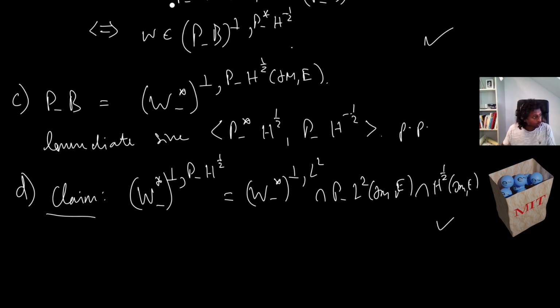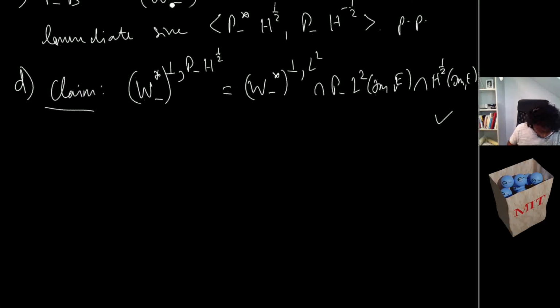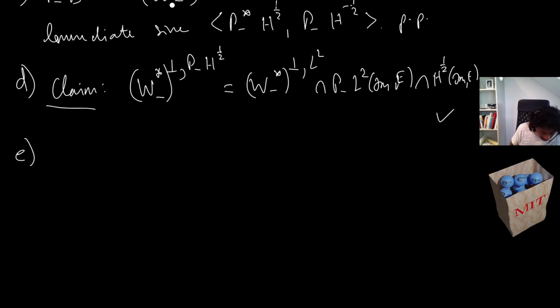I mean, that's also immediate, right? There's really nothing to do there, because if I want to see how much of the annihilator is contained in the P minus, first I annihilate it in the larger space L2, then I intersect with the subspace, and then I intersect to get the right regularity. Okay, now claim E. So the claim, so this is a crucial claim.